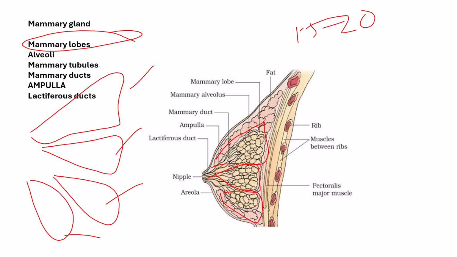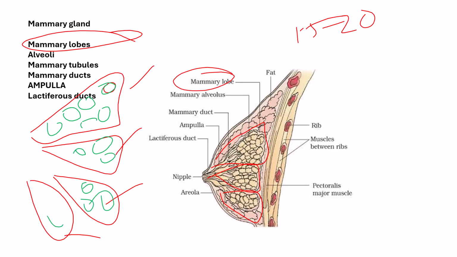So those are all called mammary lobes. Inside these mammary lobes there is a structure called alveoli. These are all the alveoli. So why this alveoli? In the respiratory system we saw that the lungs have alveoli. There, what is the work of the alveoli? It acts as an air sac which stores air.